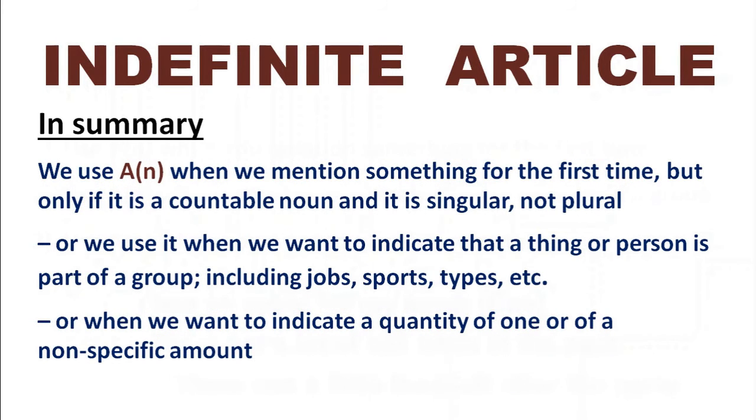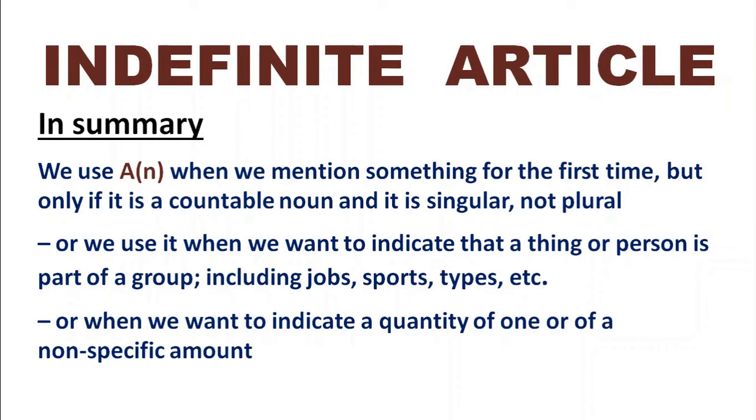So, in summary, we use a or an when we mention something for the first time, but only if it is a countable noun and it is singular, not plural. Or we use it when we want to indicate that a thing or person, again singular, is part of a group, including jobs, sports, types of tree, for example.